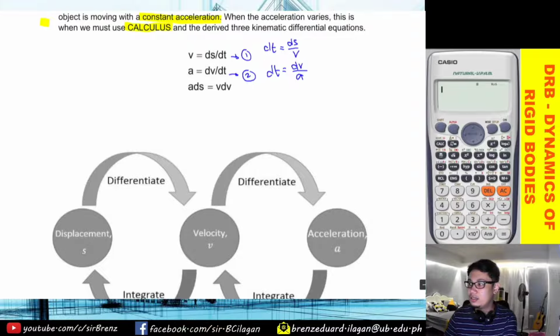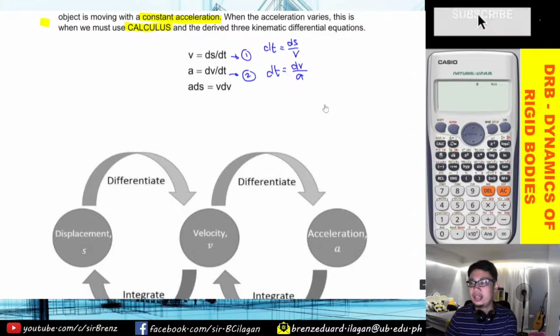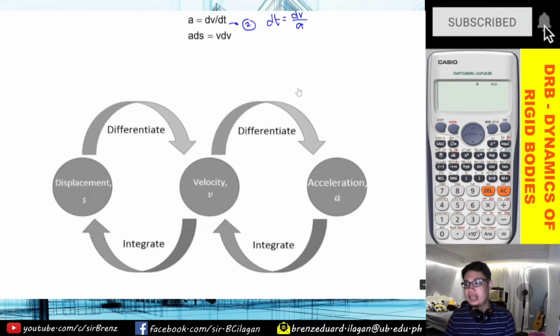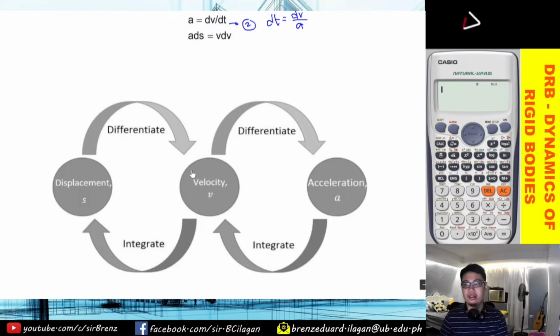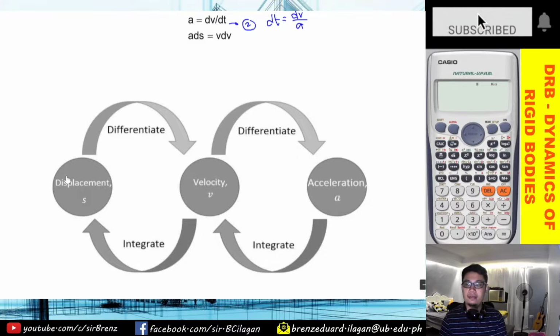Okay, so, to simplify this topic or this lecture part, so, ganito kasi mangyayari dyan, guys. So, in displacement, if gusto mong makuha yung velocity niya, so, i-differentiate mo siya or a-apply mo ng differential calculus. Okay?